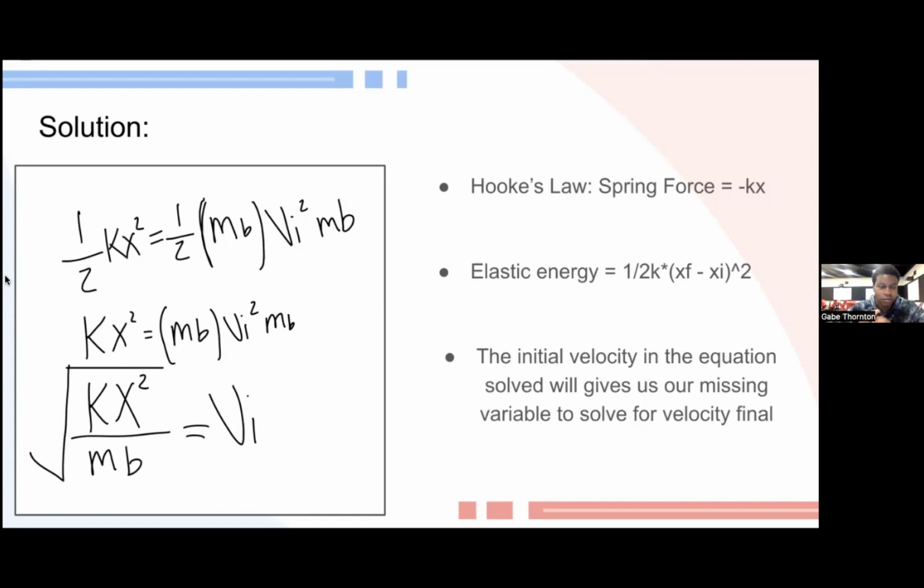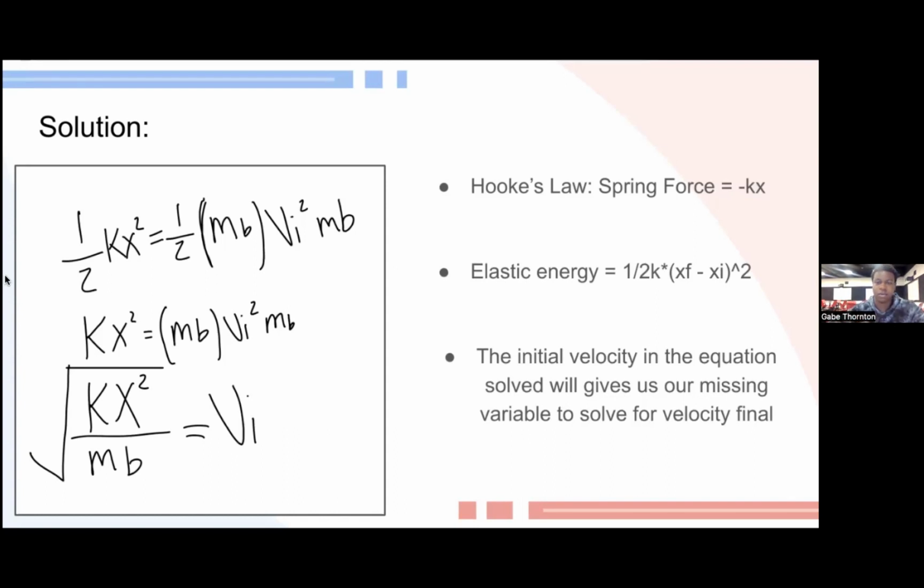We divide by 1/2, eliminating the 1/2, and we get kx squared, our spring constant times the change in x squared, equals our mass times vi squared. Now we need to get vi alone, and not only squared but as a square root. So we divide by mb and take the square root: the square root of kx squared over mb equals vi.